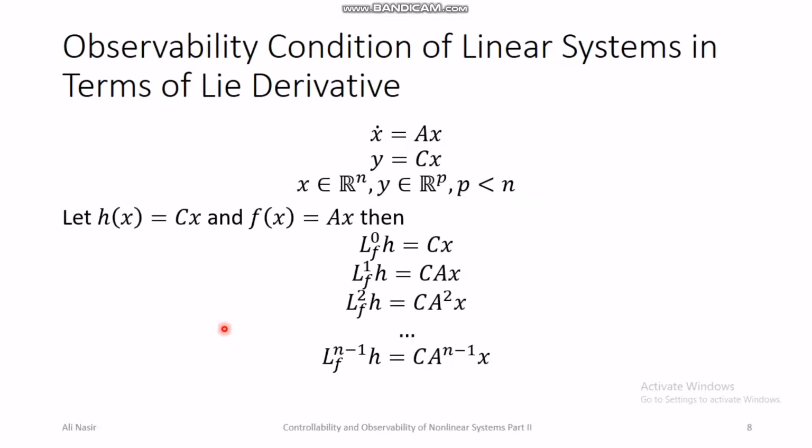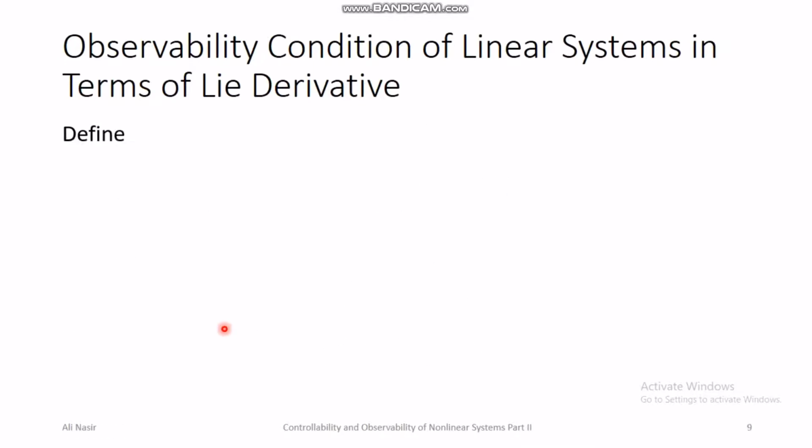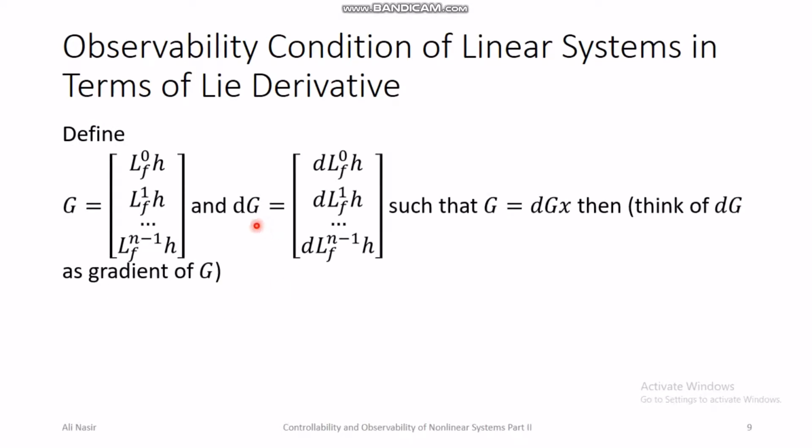So you can see that taking the del will basically give the observability matrix. So del of G would be the observability matrix, and the rank of the observability matrix, we already know, determines the observability for linear systems.